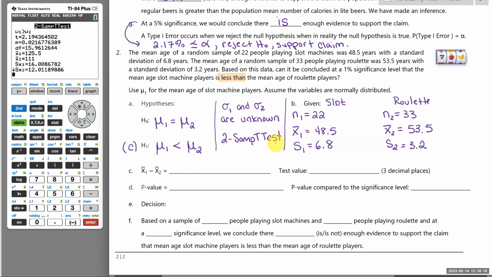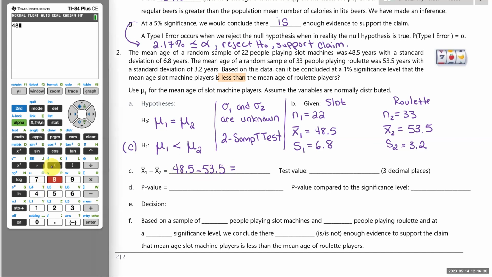Before I do that, though, I did want to see what is the difference between those sample means. So 48.5 for the average of my slot machine players minus 53.5, the average of my roulette players. So that difference, 48.5 minus 53.5, is -5. I'm going to add units here, -5 years.